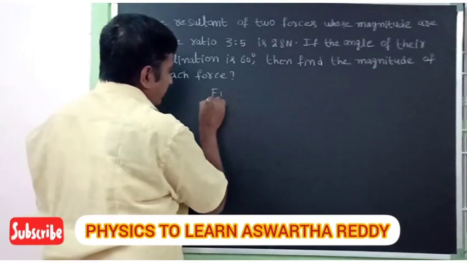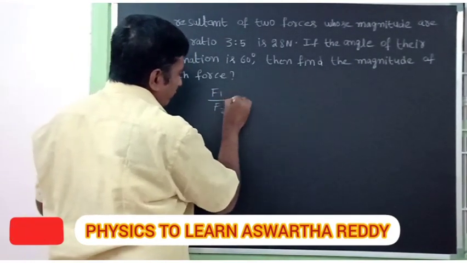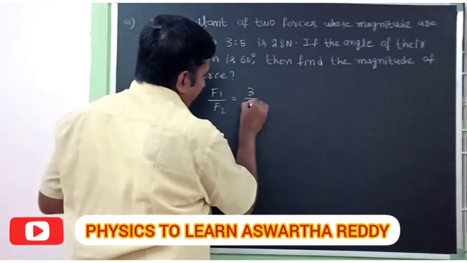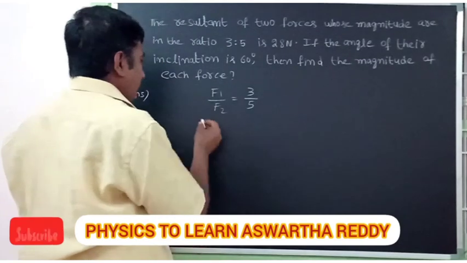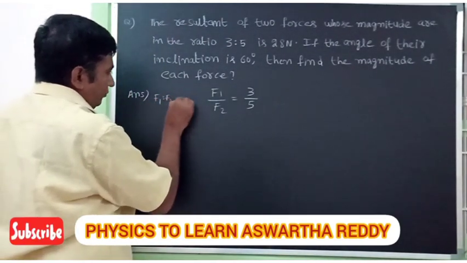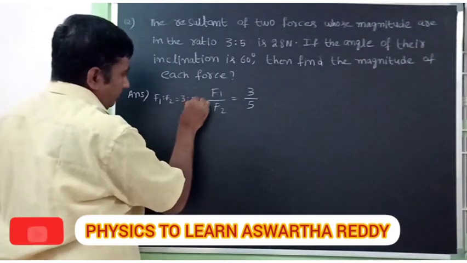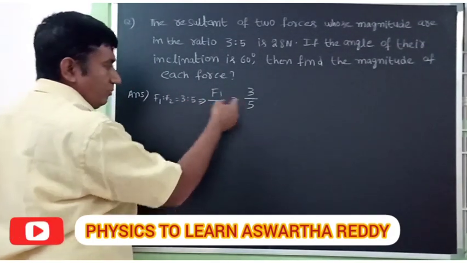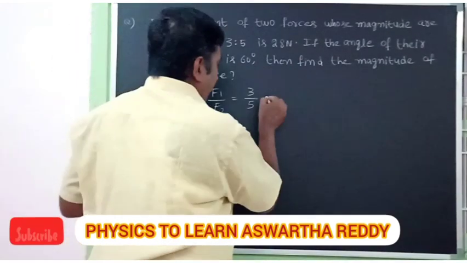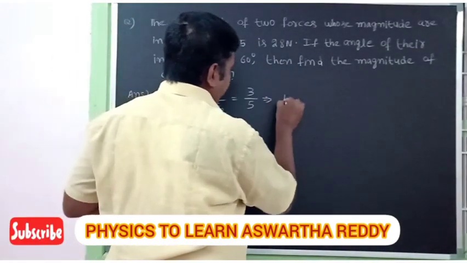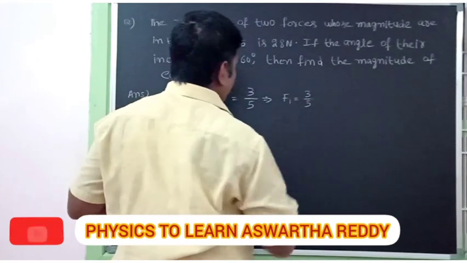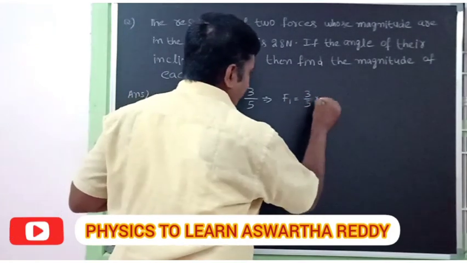So I can take the forces as F1 by F2 is equal to 3 by 5. That is, F1 is to F2 is equal to 3 is to 5. With the help of this, I can write F1 is equal to 3 by 5 into F2.